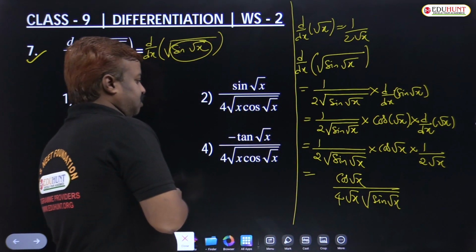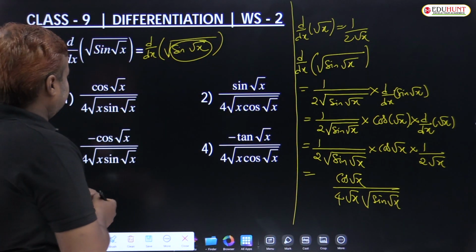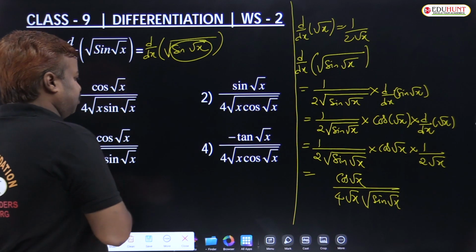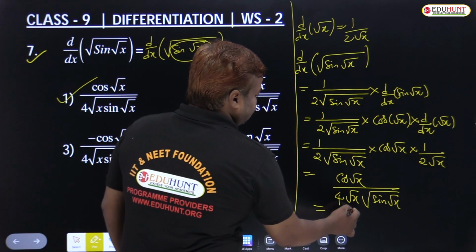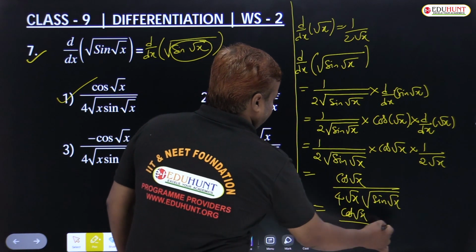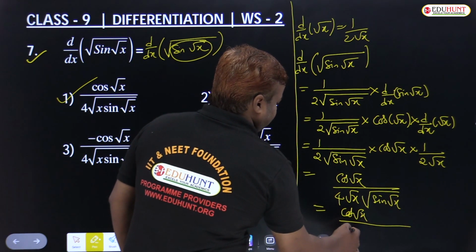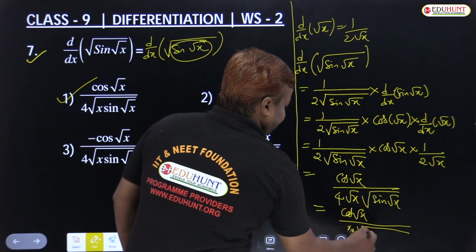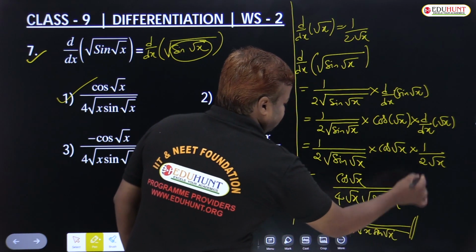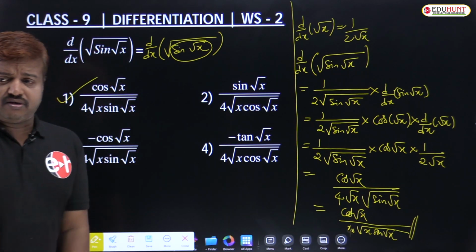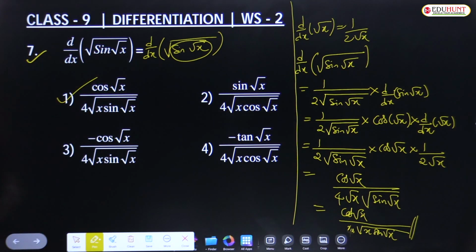See which is in the option. Option number 1. As usual you can write it as cos of root x by 4 root x into root of sin root x. Okay, now copy the question and answer.